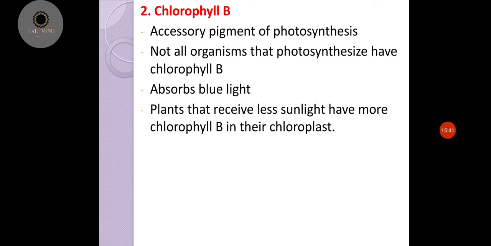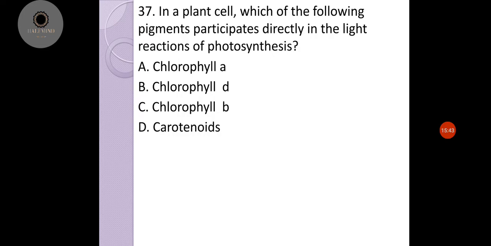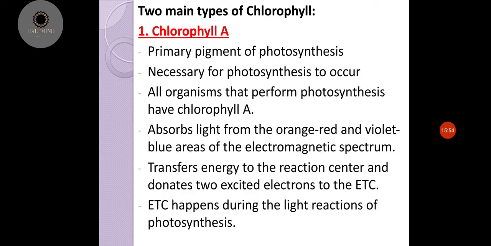Okay? So, in our question here, in a plant cell, which of the following pigments participates directly in the light reactions of photosynthesis? Now, if we go back, chlorophyll A transfers energy to the reaction center and donates 2 excited electrons to the electron transport chain.